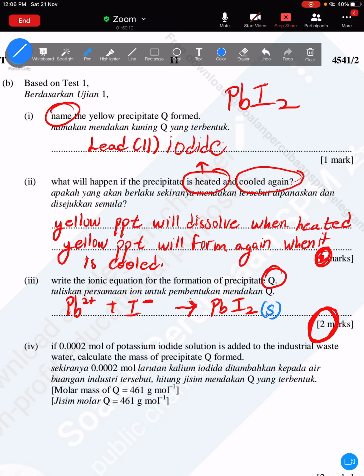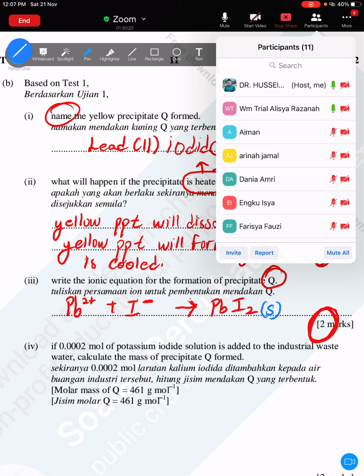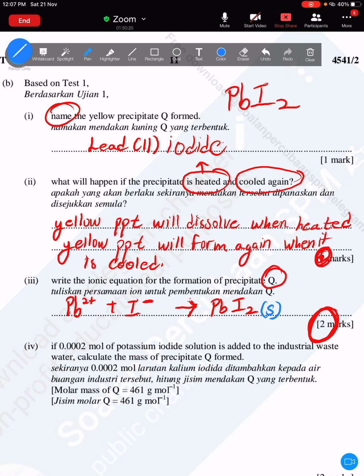Yeah, we need to put a 2. Yes, because I'm not yet balancing it. Sabar dulu. Okay, so if it is 2 marks, then I really encourage my students to put the physical state. The equation is not yet balanced, here is 2 iodide, and you put a 2 over here.